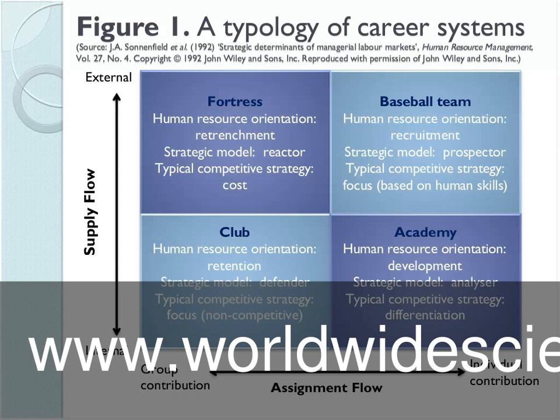Examples given are publishing companies, retailing, and the hotel sector. For the fortress, the human resource orientation is retrenchment, the strategic model is reactor, and the typical competitive strategy is cost.